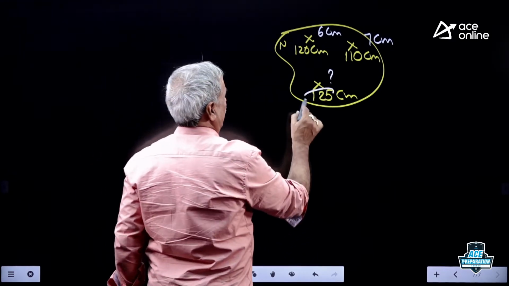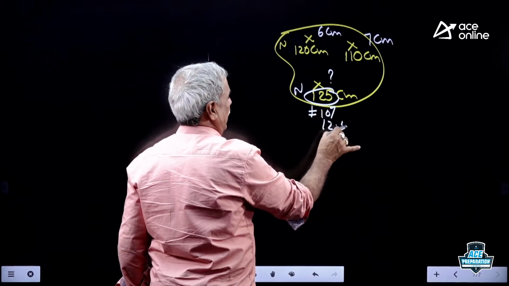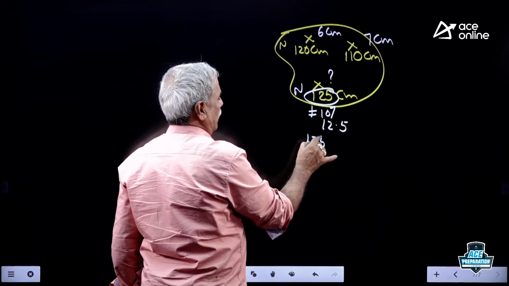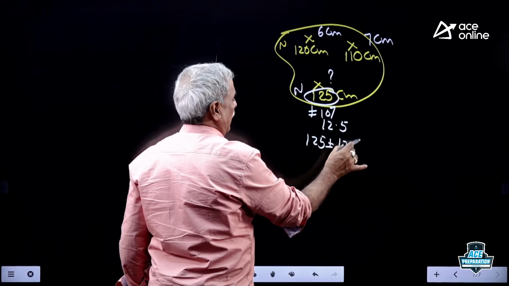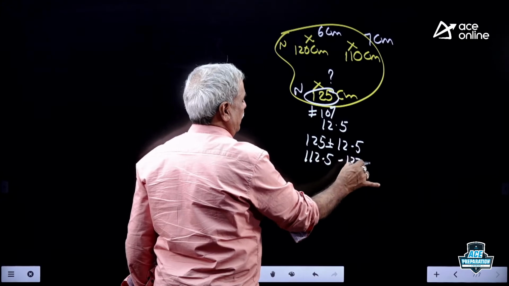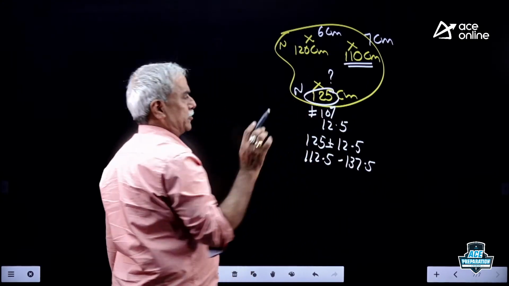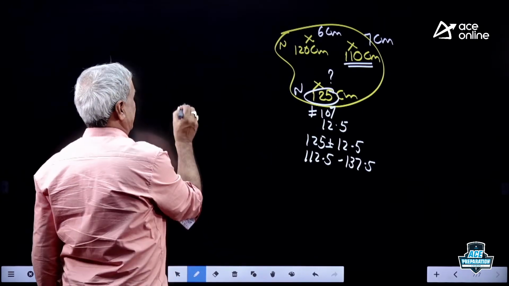Check. 125 is the N value. Plus or minus 10% is 12.5. 125 plus or minus 12.5 is 112.5 to 137.5. This 110 is outside the range. No other option, you have to go for the normal ratio method.